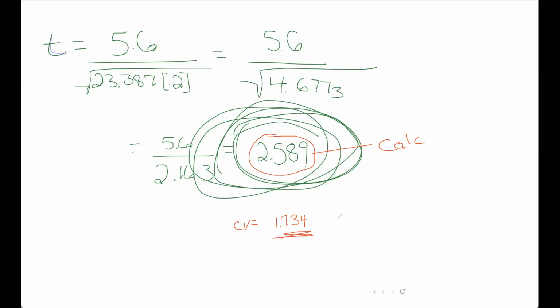This table in your book is like some nerd went through and listed all of the minimum values that your calculated value would have to be to reject the null at 0.01, at 0.05, at 0.10, for one-tailed versus two-tailed, for 18 degrees of freedom, for 19, for 20.